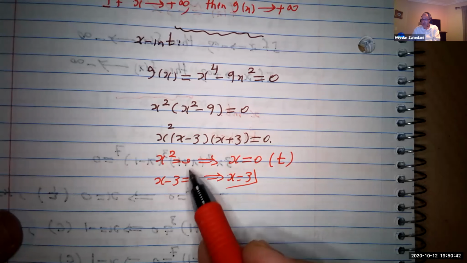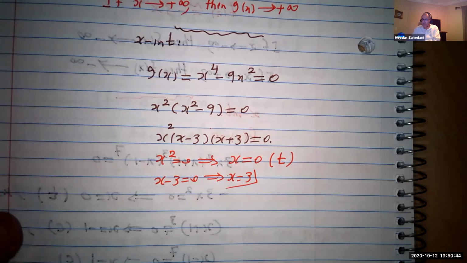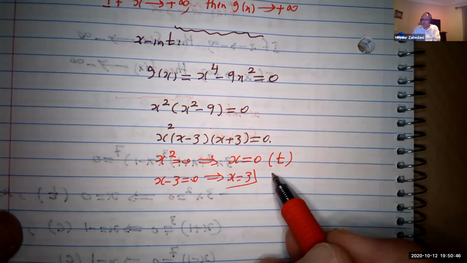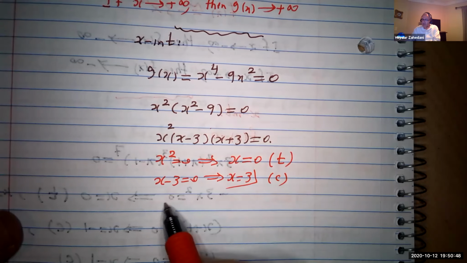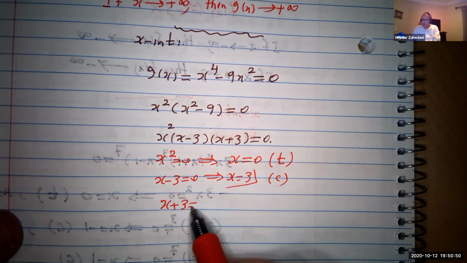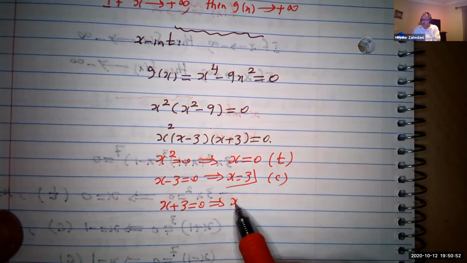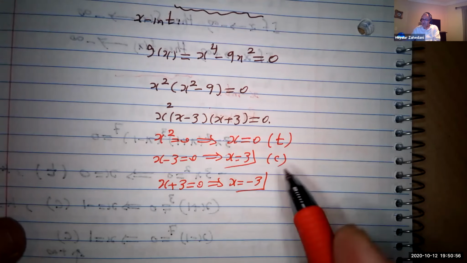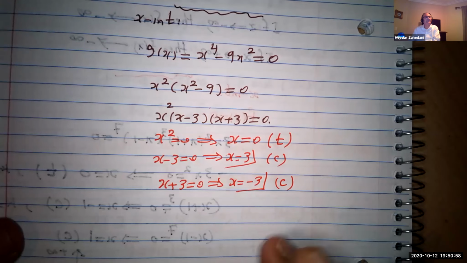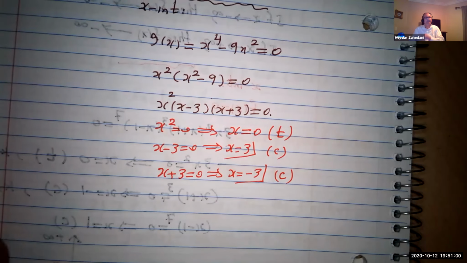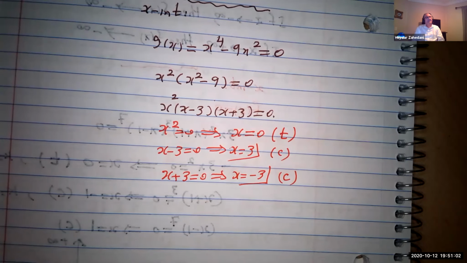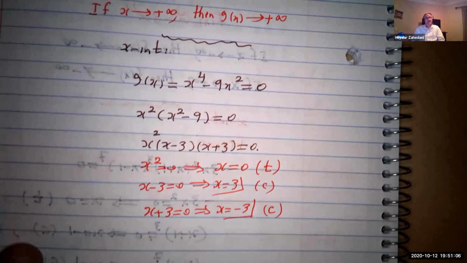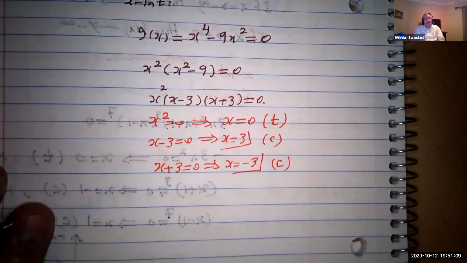The power is 1, an odd number, so this means it crosses. And x plus 3 equals 0 gives x equals negative 3, which is again a crossing. Any question? This is the way you do it. Even if you have to factor, you do your factoring first.